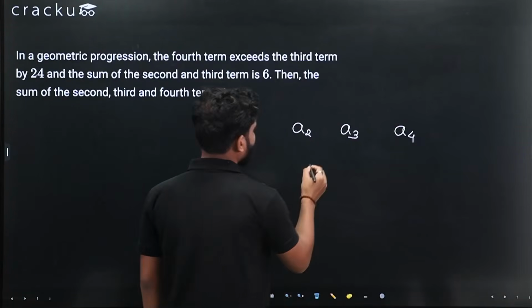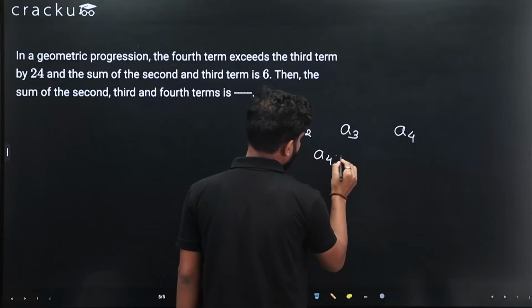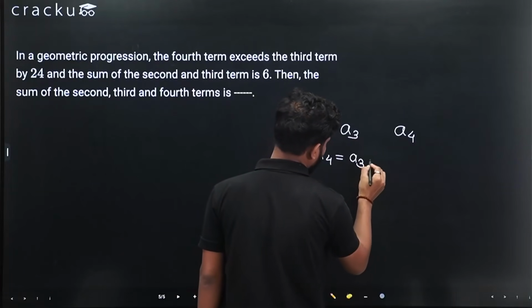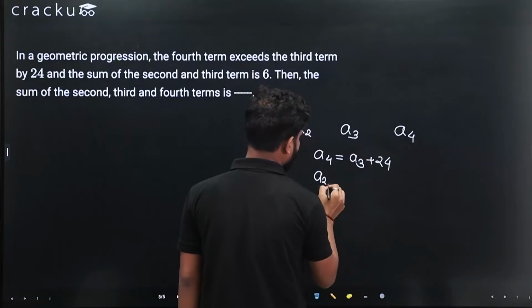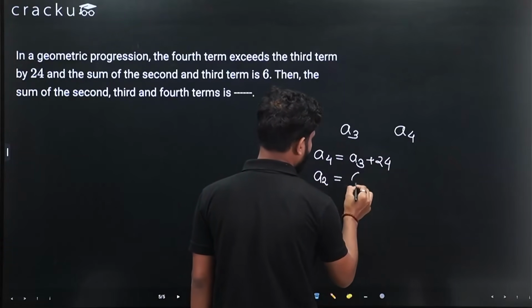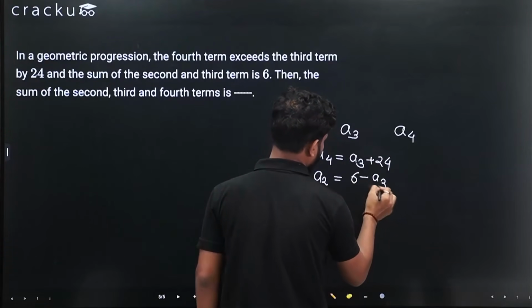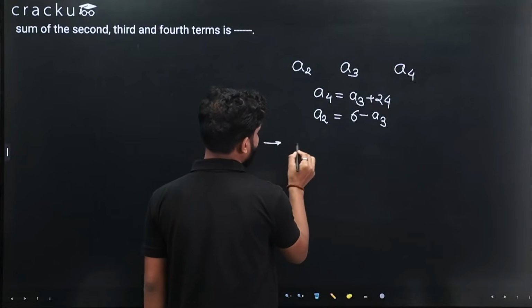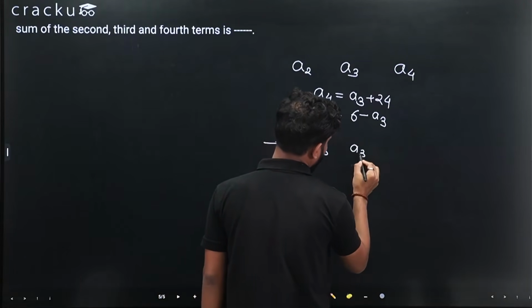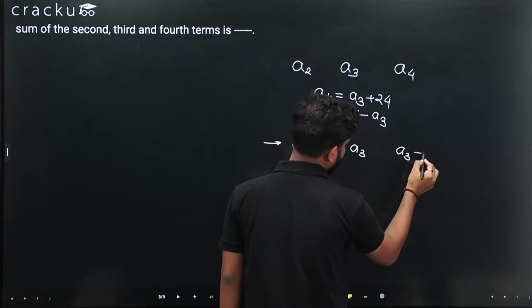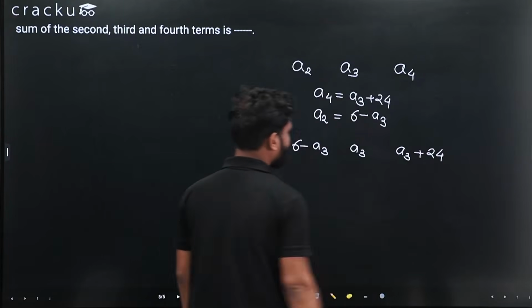It is given that A4 is equal to A3 plus 24 and A3 plus A2 is 6. So A2 will be 6 minus A3. So I can write the 3 terms as 6 minus A3, A3 and A3 plus 24.